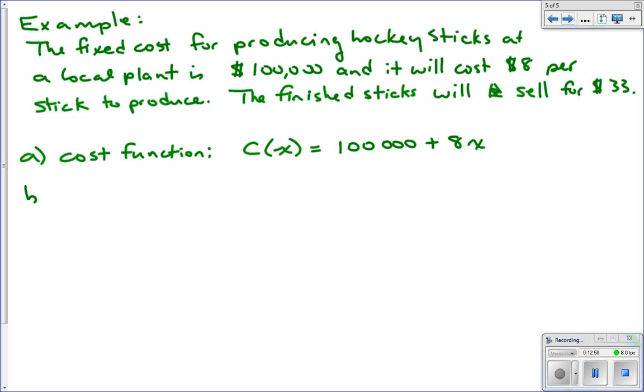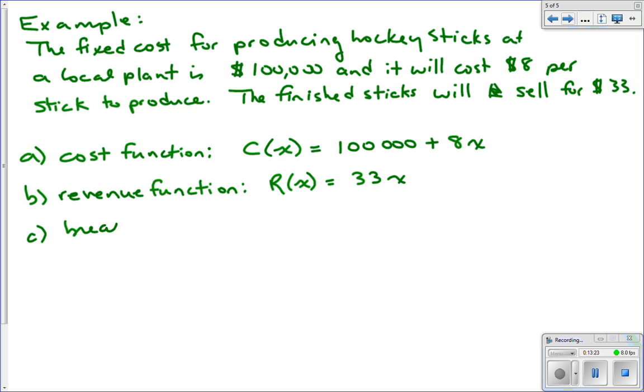Okay, our revenue function R of X is how much money we're taking in for the number sold, so it'll be 33X. So our break-even point will be where those two intersect. So it'll be where C of X, the cost, is equal to the revenue, whatever that X value is that makes that true.